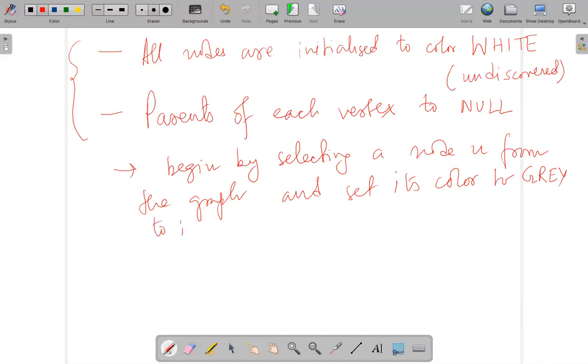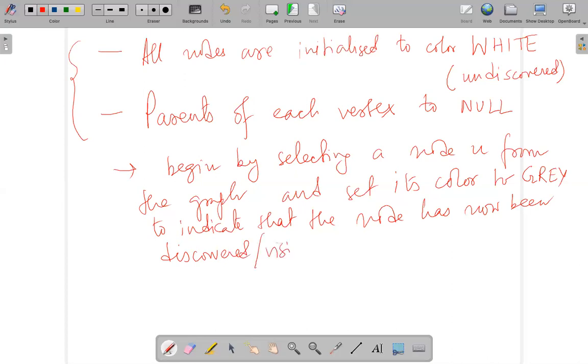To indicate that the node has now been discovered or visited. Okay.